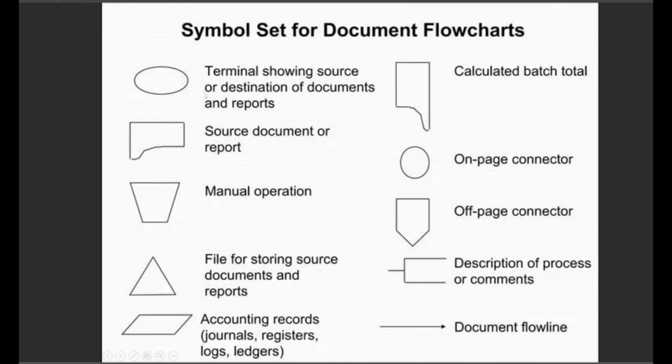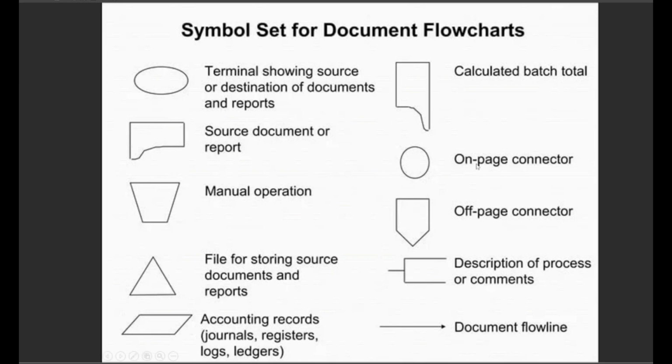Here we have other symbols. It might be like this one, a batch total or batch document, or it might be a collection of this symbol on top of each other and so on. We can see an example later.